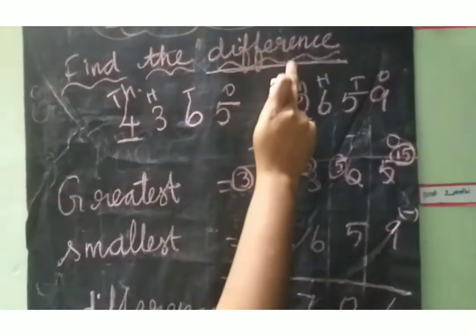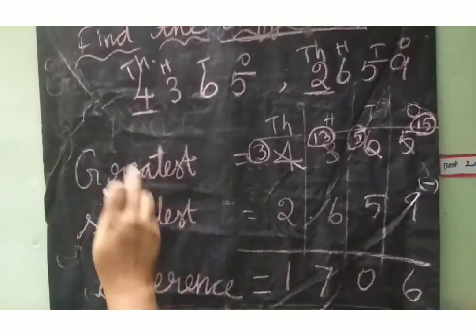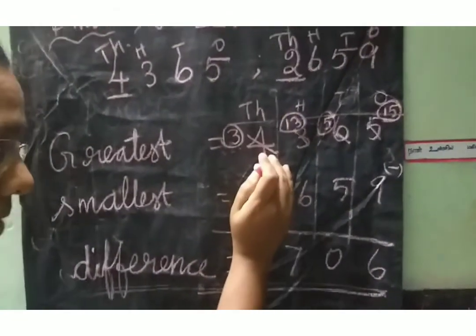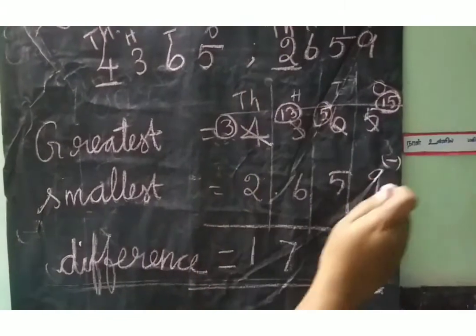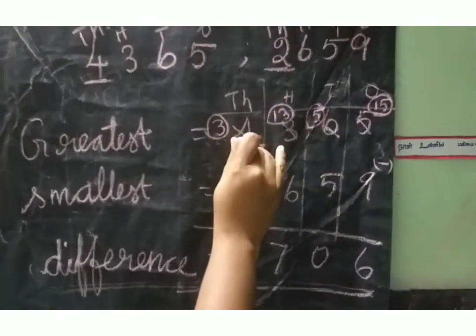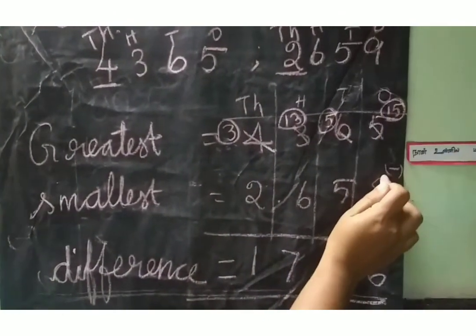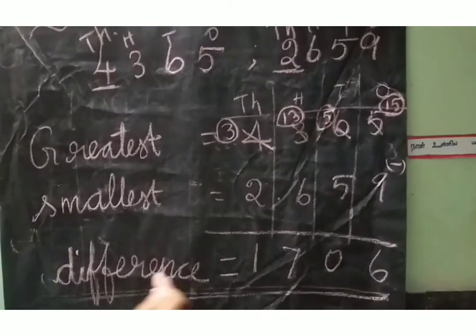Find the difference means you have to find out which is the greatest number of the two numbers. You should write the greatest number above and the smallest number below. After that you subtract. Difference means you subtract. Greatest number above, smallest number below, and after that you subtract. So the answer is the difference.